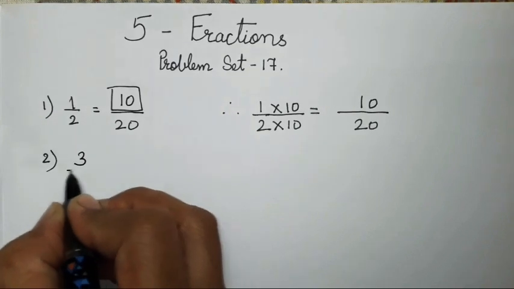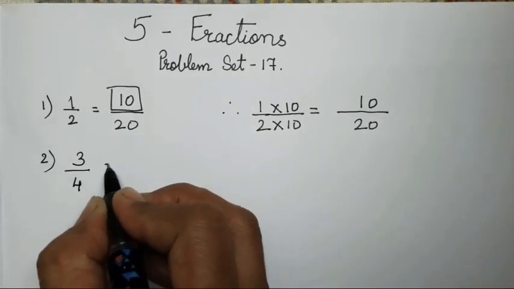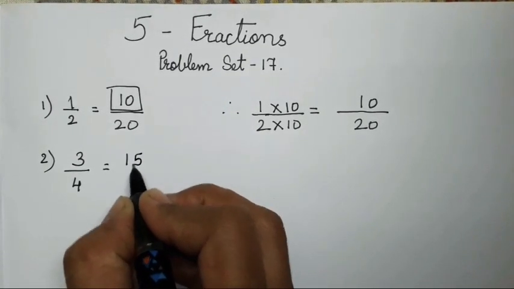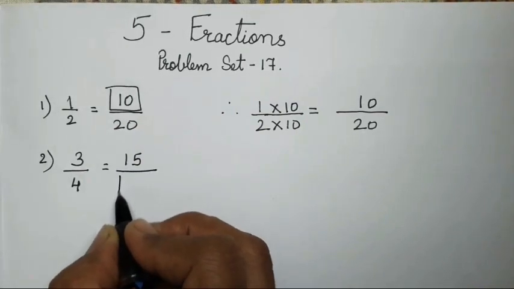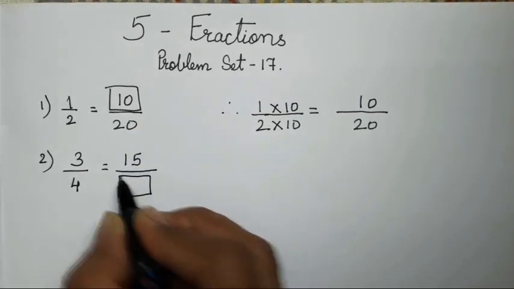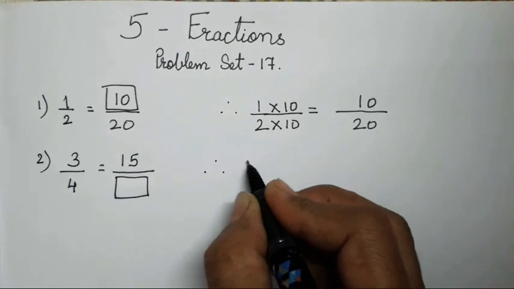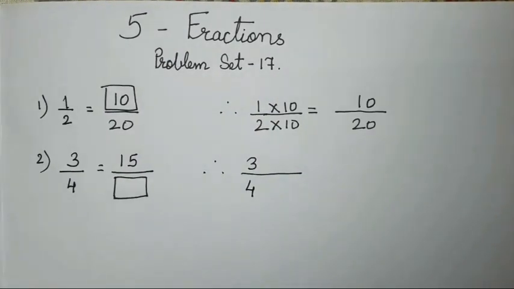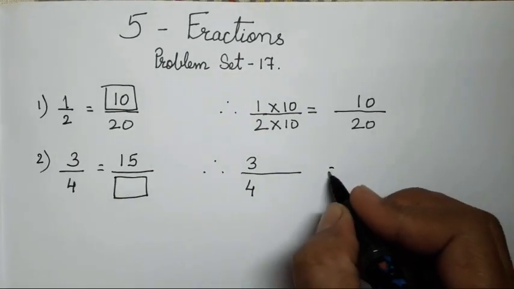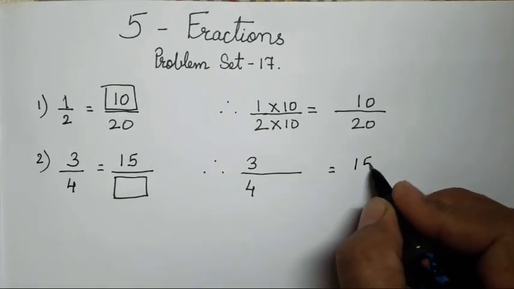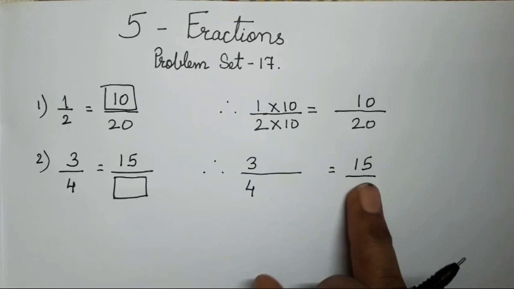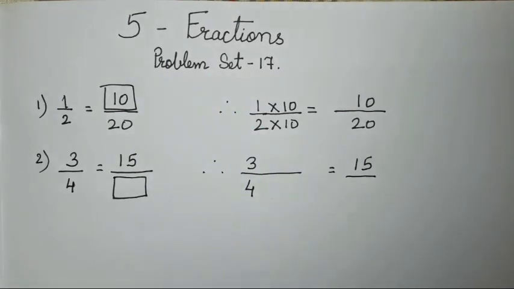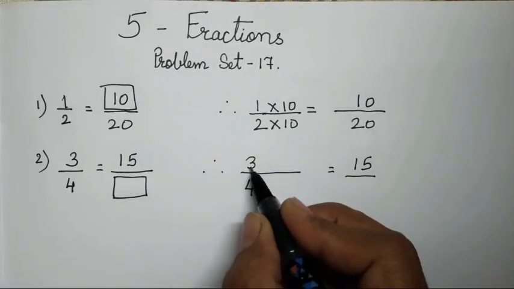Now the second sum we will take. It will be more clear. 3 upon 4 is equal to 15 upon dash. Now the numerator 15 has been given and we have to find the denominator. Again, the same way, we will use 3 upon 4, the given fraction. Using the given fraction we will find how to get 15 and the number below at the denominator. So how are you going to get 15?